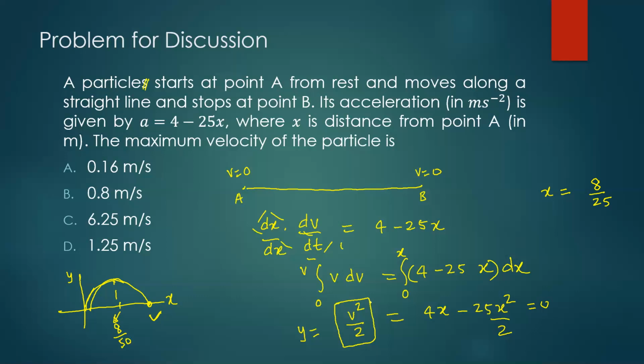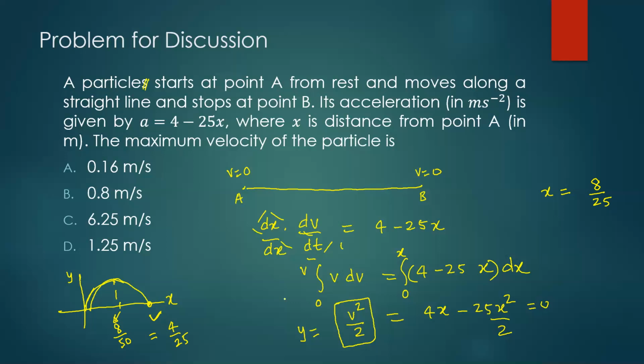Are we okay? So 8 by 50 would be how much? So I can take that as 4 by 25. Okay. So now at this value, I'll get maximum value of velocity. You understand that?